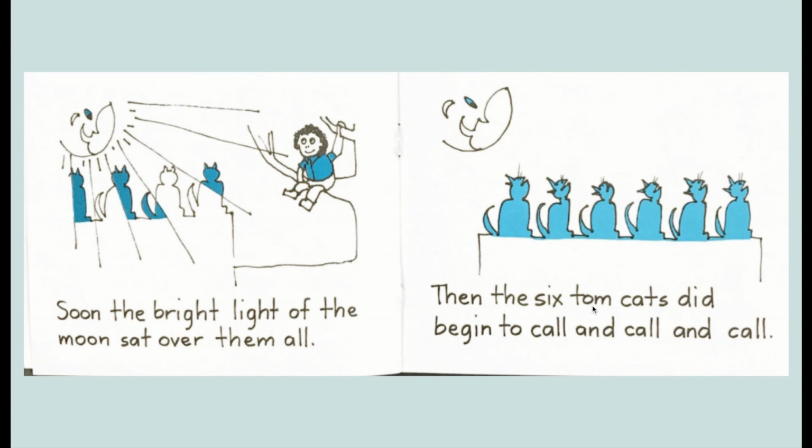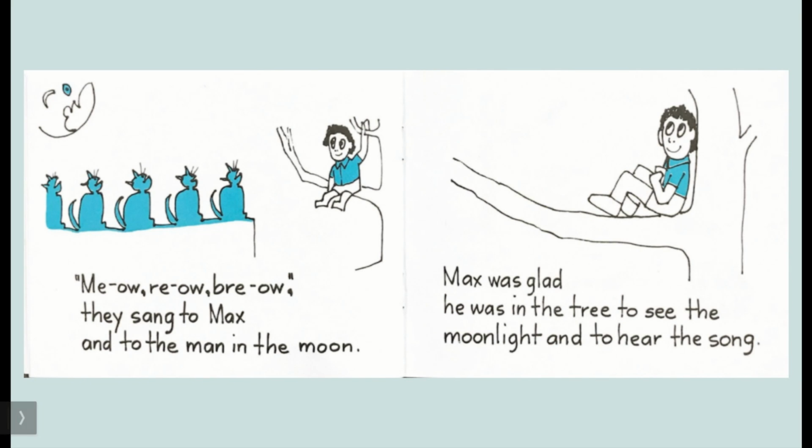Then the six tomcats did begin to call and call and call. Meow, meow, meow, they sang to Max and to the man in the moon. Max was glad he was in the tree to see the moonlight and to hear the song.